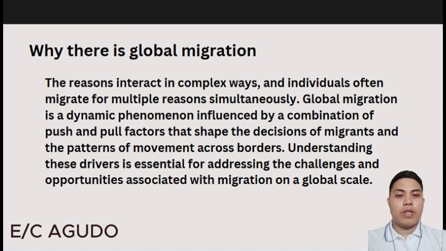Global migration is a complex phenomenon influenced by various factors including economic, political, social, and environmental conditions. The reasons for global migration can be broadly categorized as push and pull. Push factors are the conditions in the home country that drive people to leave.